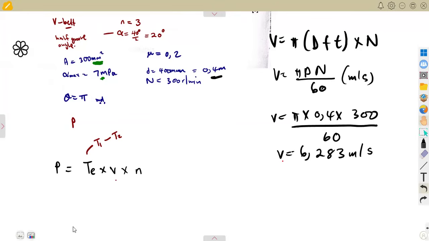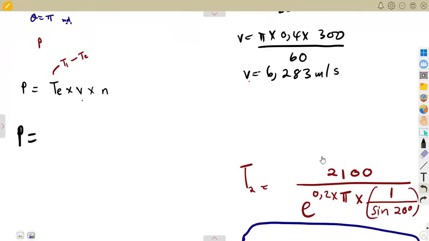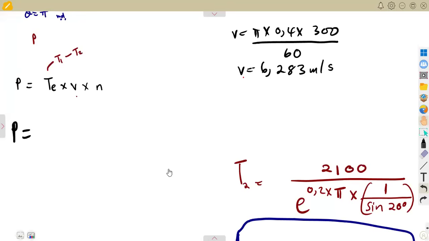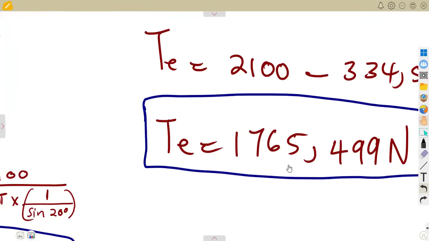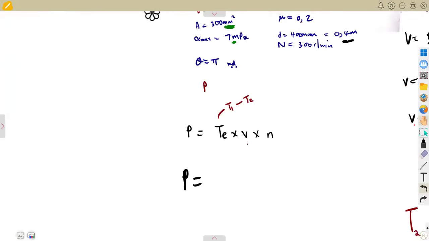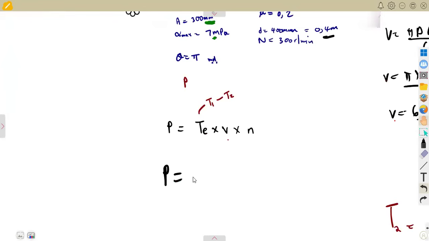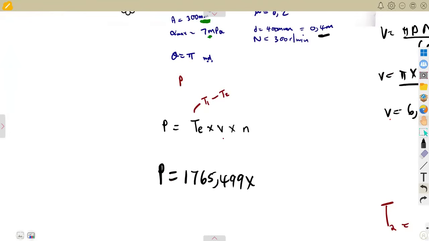So therefore, the power can be calculated, because power is the effective tension, and we calculated our effective tension here. So we're going to use that in our calculation for power, which is 1,765,499 times the velocity of the belt.